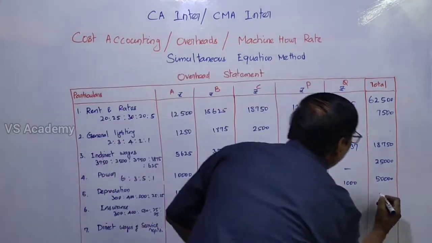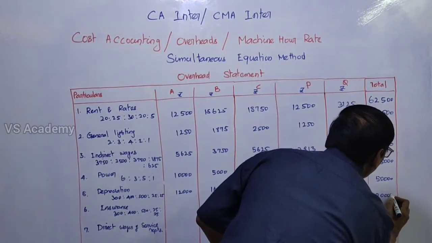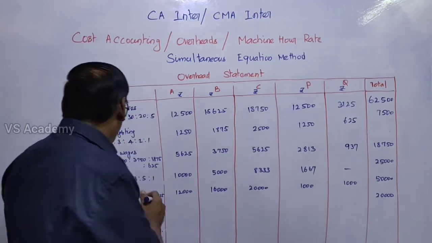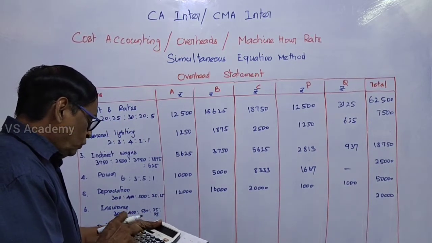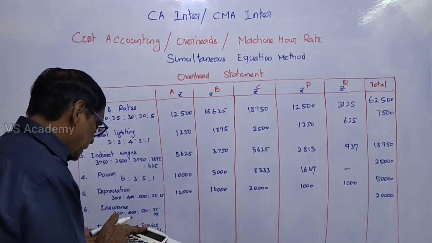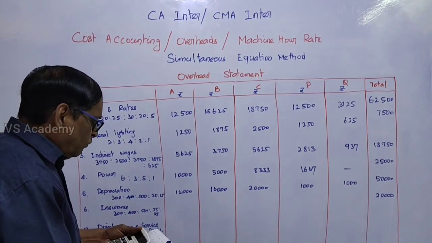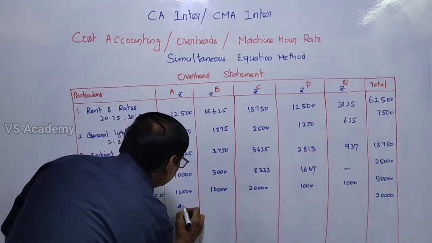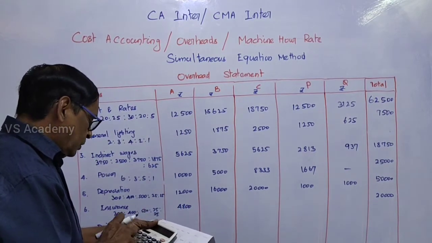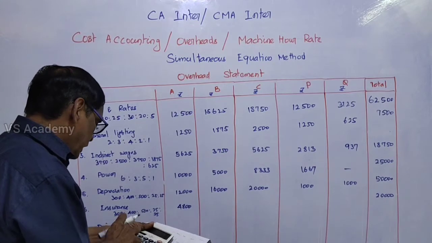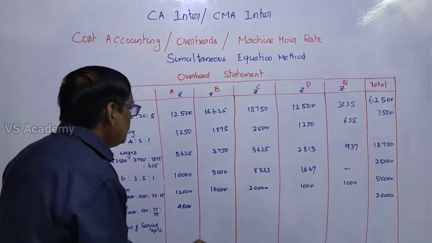You can write it down. 20,000 rupees is to be distributed in this ratio. So 20,000 divided by 1,250 into 300, the amount will be 4,800. And then 20,000 divided by 1,250 into 400, the amount will be 6,400.